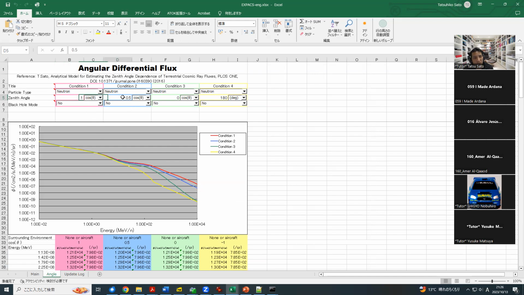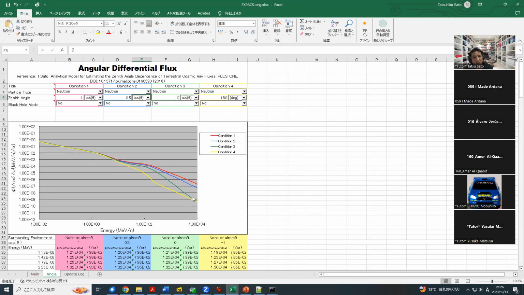And if you set to 0, this is the same as 3. So this one is a horizontal neutron flux. So for low energy, all neutron flux are almost isotropic, so there is no angular dependence.